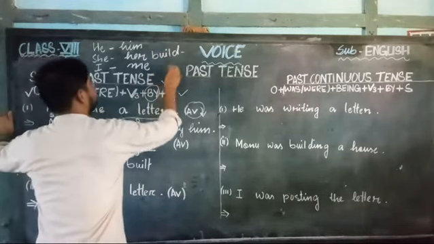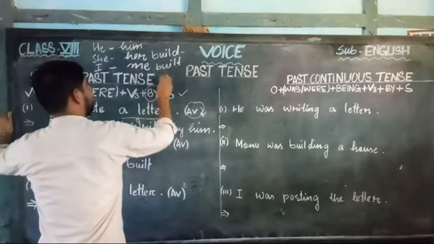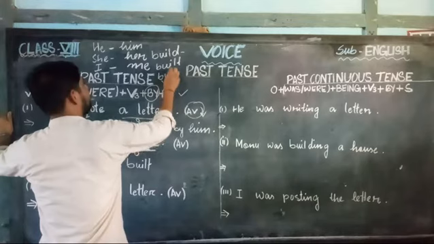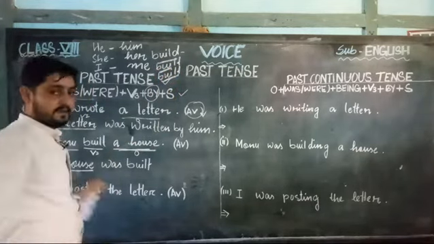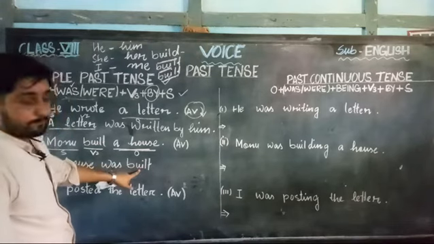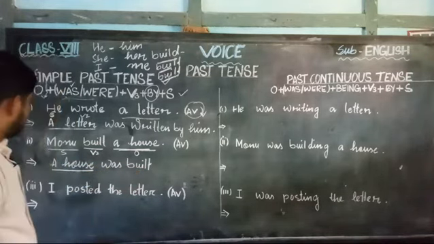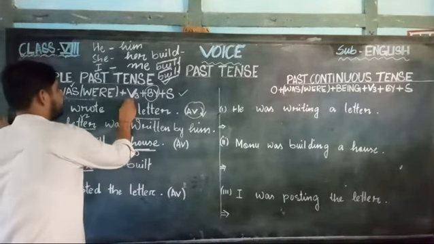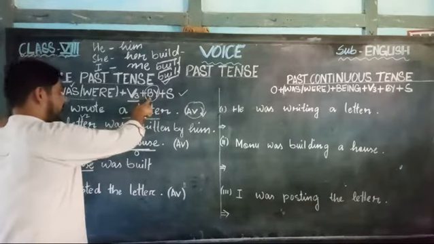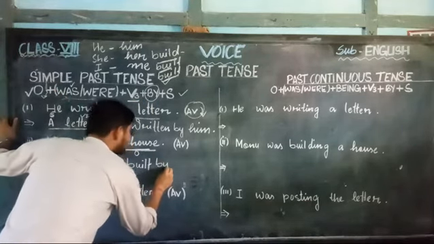Second form B-U-I-L-T, and third form also B-U-I-L-T. Clear? So here it is the same, because this is the third form of build. A house was built. So after this V3, what do we have to write? By.